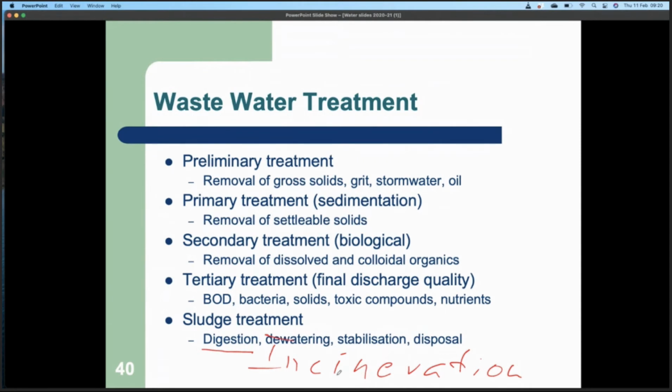In Scotland as a whole, there's about 50% of sludge going to land and 50% of sludge being incinerated. For the UK as a whole, the balance is more like 80% going to land and 20% being incinerated. And we can come back to that later, but within Europe, there's quite a difference in what to do with the sludge.